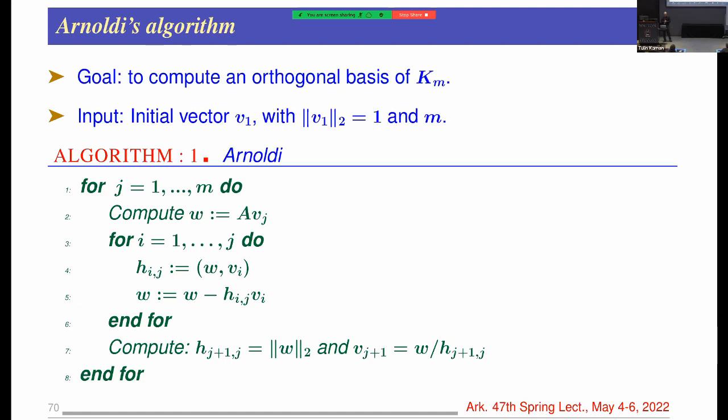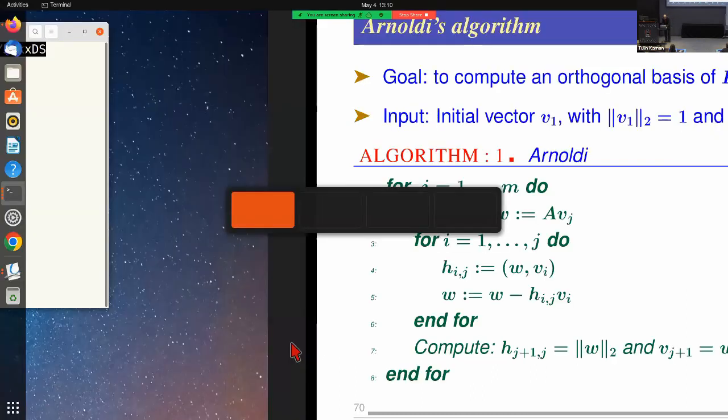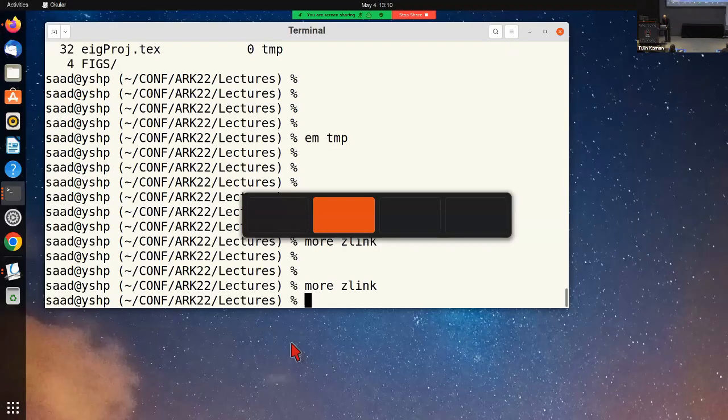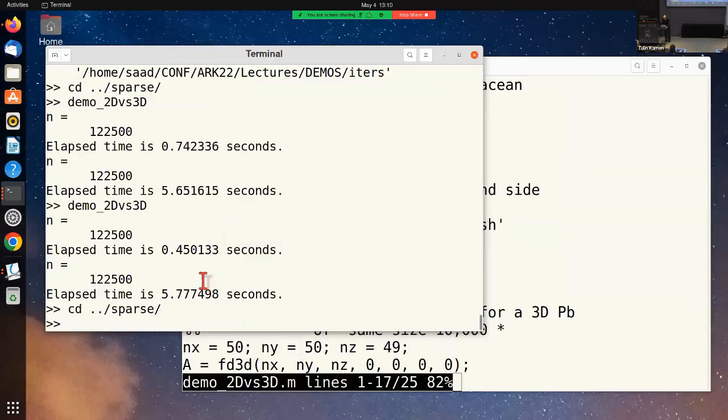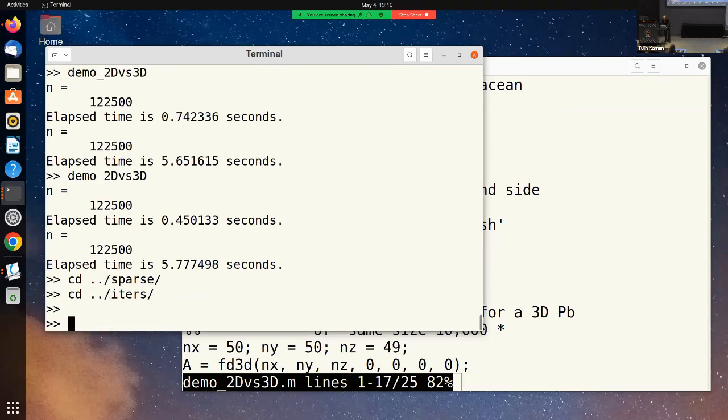I just realized that I forgot to show you one experiment with MATLAB. That's to do with the one-dimensional type methods. So let's go back to that now before I continue with this. Let's go here.